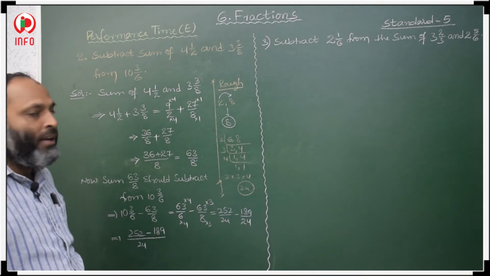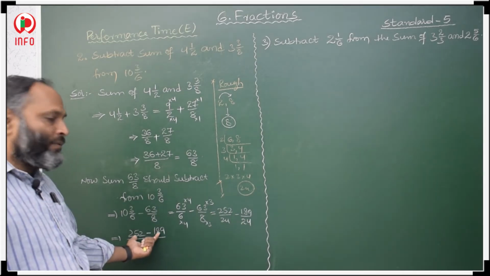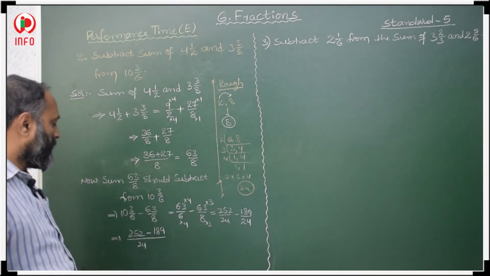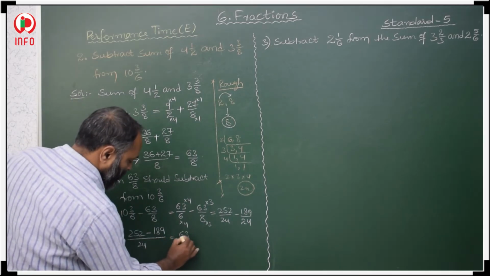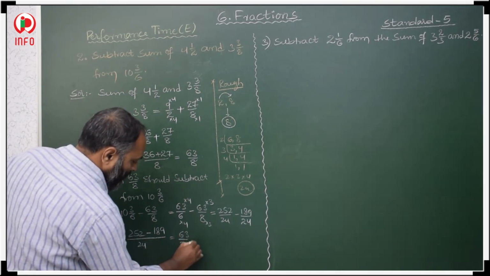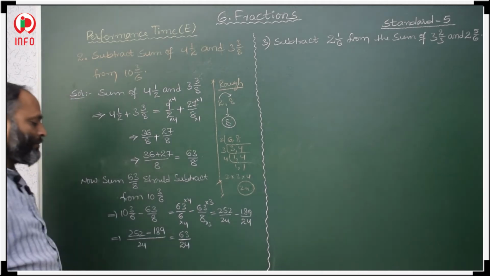These two are like fractions, so we take the difference of the numerators over the denominator. 252 minus 189 is 63, so 63/24.